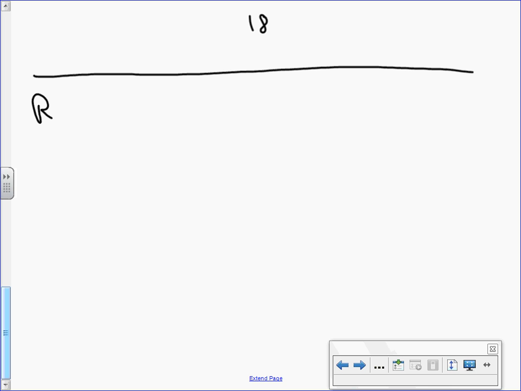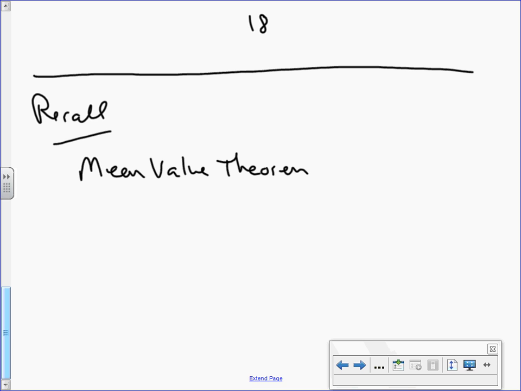All right. A little recall. This is the mean value theorem. The mean value theorem says that the actual slope of the tangent line is somewhere going to equal the slope of the secant line. So let me write that again.